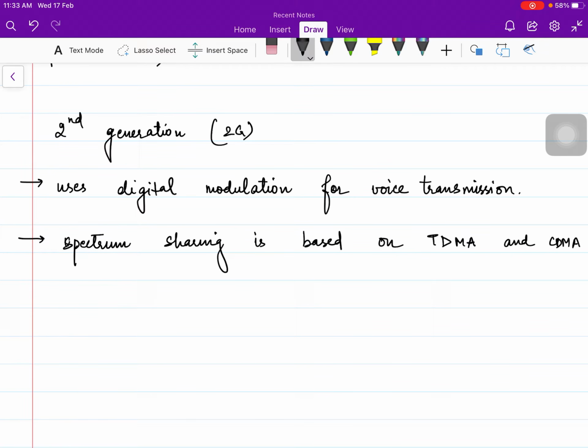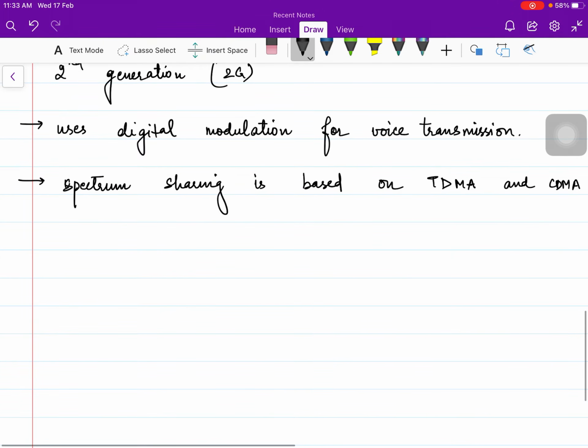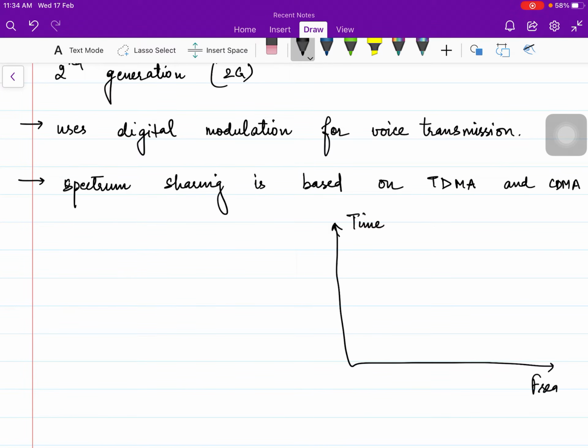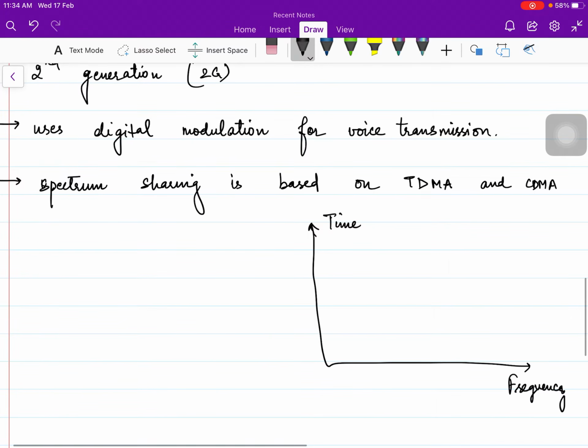So we'll discuss what is TDMA and CDMA. As I have drawn the graph above also, it is time, it is frequency. In the first generation, it was FDMA, that is frequency division multiple access. So frequency was being divided. But here it is time division multiple access. So time will be divided.